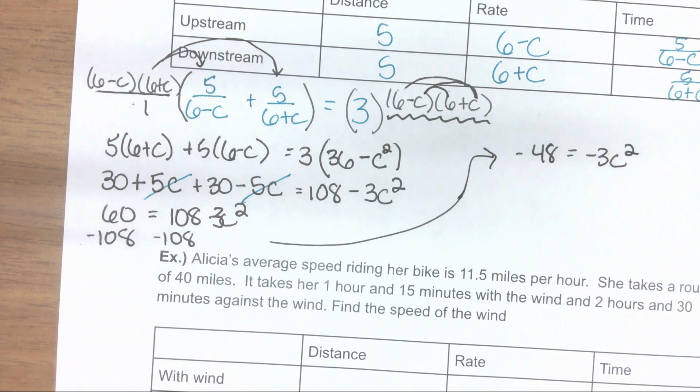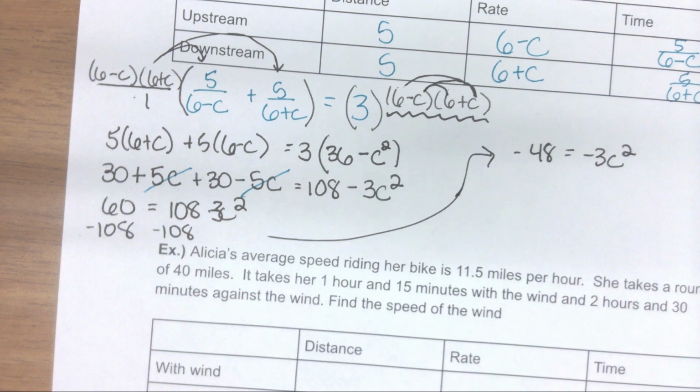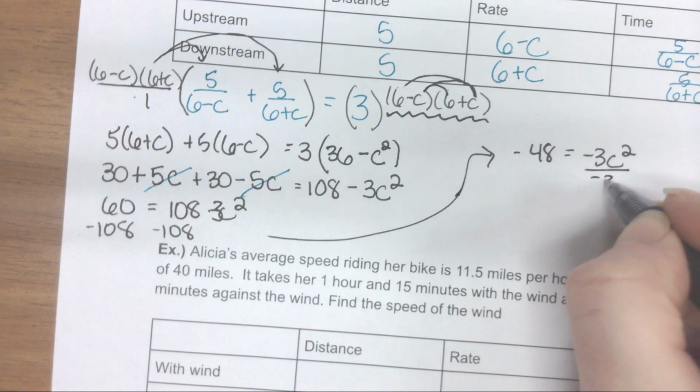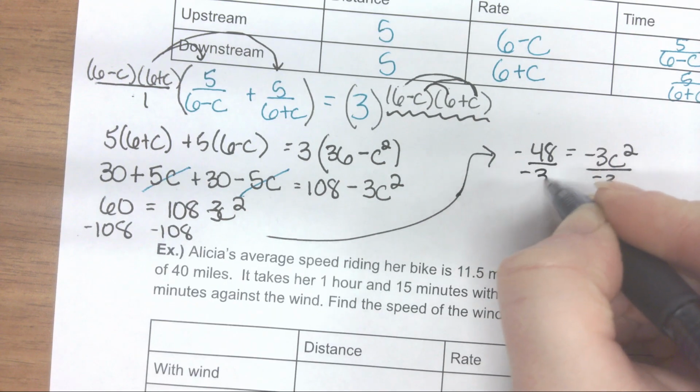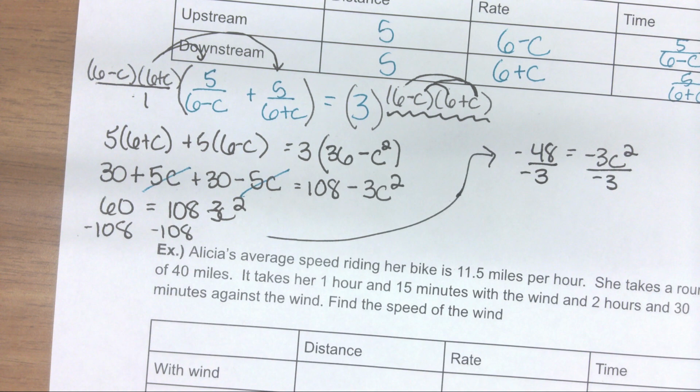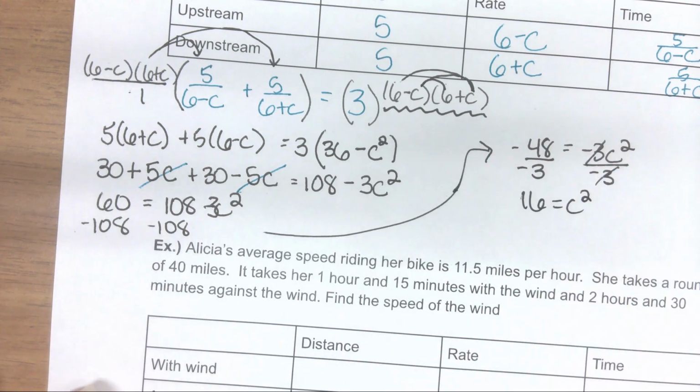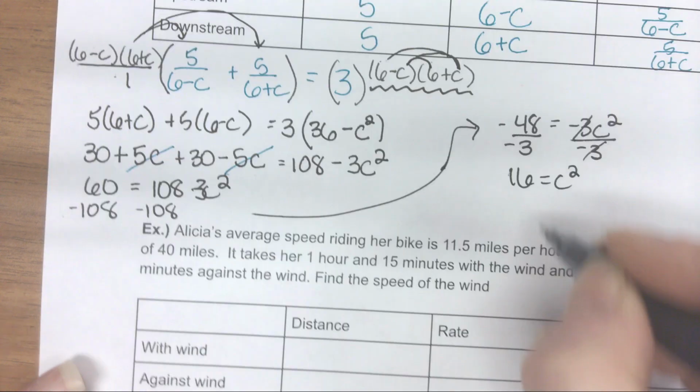Somebody tell me what to do next. Divide both sides by negative 3. Bree, what do we get? Good. 16 equals c squared. Take the square root.